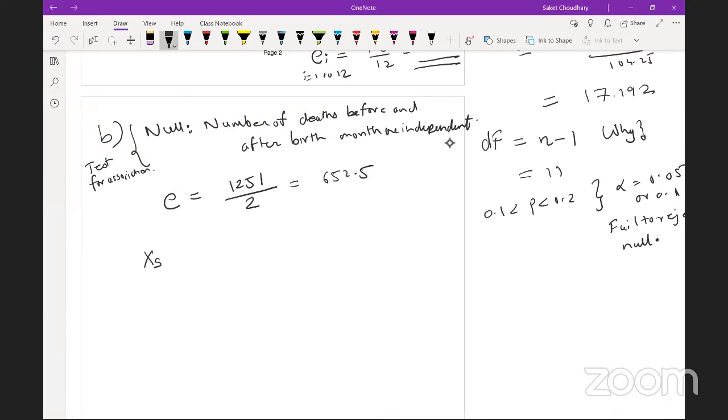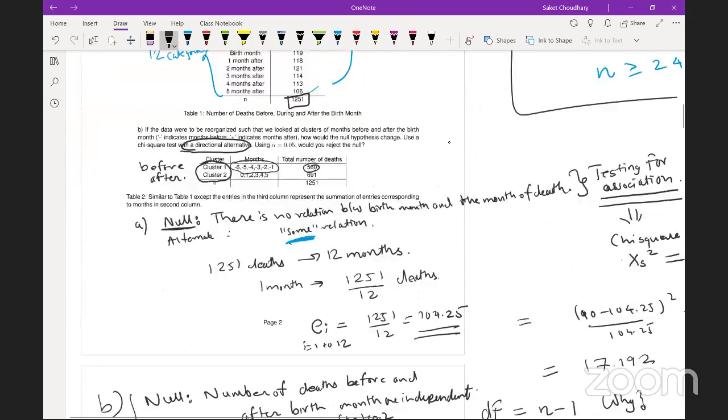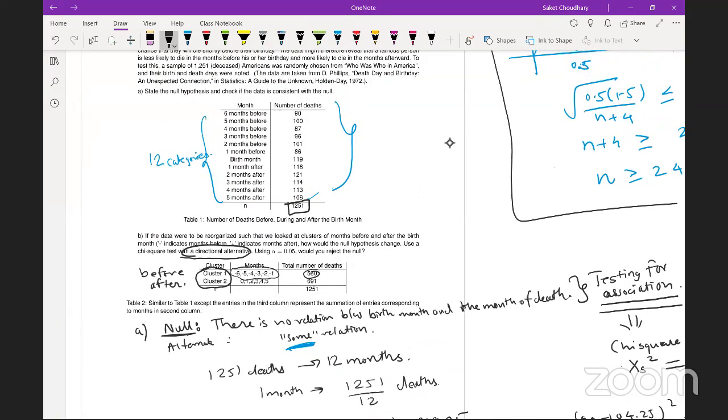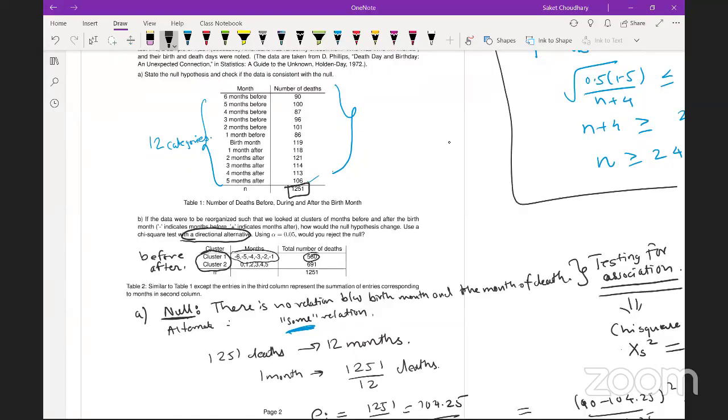So the directional alternate is that more people die in cluster 2, where the deaths happen after the birth month.